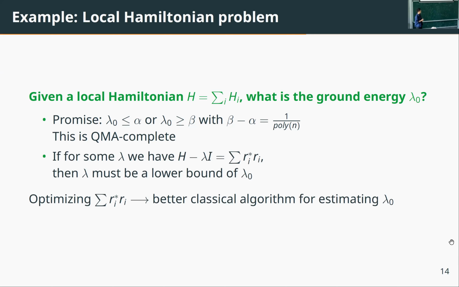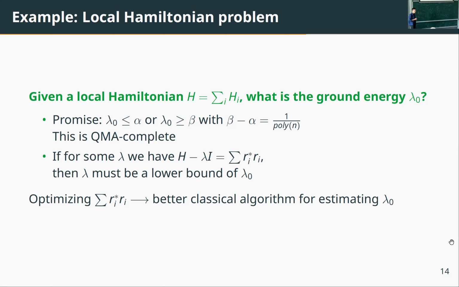However, if for some lambda you can write your H minus lambda identity as a sum of squares, then you know your lambda must be a lower bound of your ground energy, because your right-hand side is a sum of Hermitian squares. It's positive. So H is greater than lambda I, meaning that the ground energy is greater than lambda. So lambda is a lower bound.